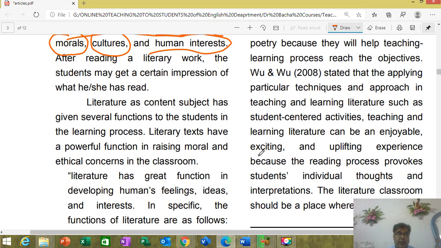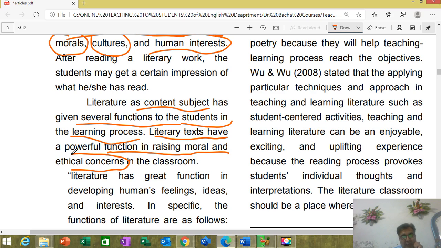So literature, as a content subject, has several functions for the students and the learning process. For example, literary texts have a powerful function in raising moral and ethical concern in the classroom.